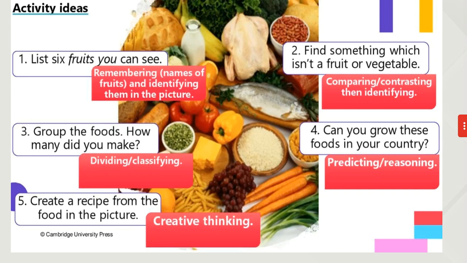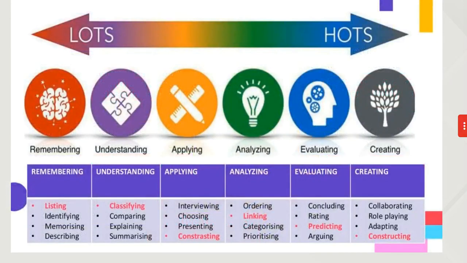So to help me create these tasks linked to this picture, I used this, which is in the handout, I hope. At the end, I'll make sure that I ask Alan to have uploaded the handout.